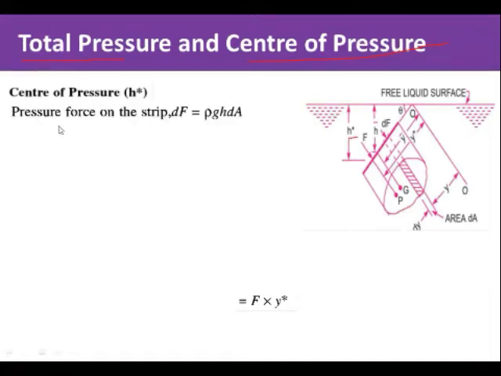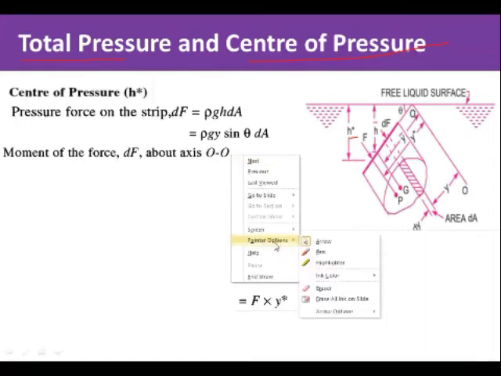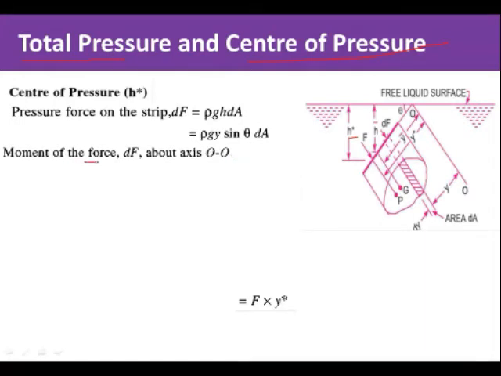So we know the pressure force acting on the strip, dF, is rho g h into dA. And we know this h is nothing but y sine theta, so rho g y sine theta dA. Now we will take the moment of the force about axis OO.